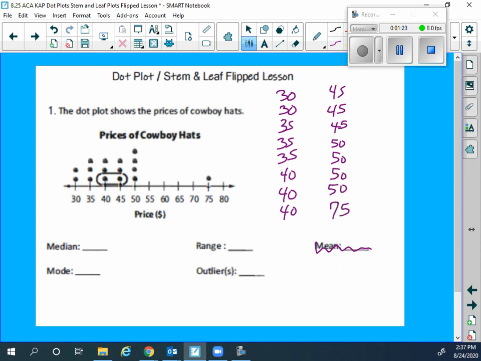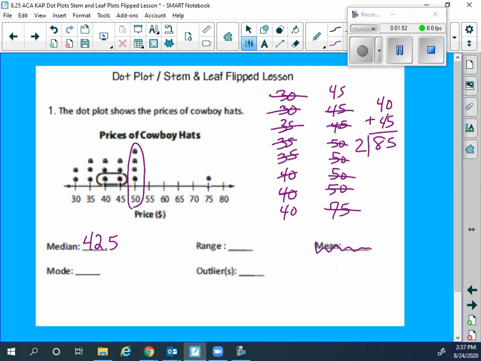So if I'm finding the median, like we learned yesterday, I'm just going to cross top, bottom, top, bottom, top, bottom, until I'm left with one number. Unfortunately, I have 2 numbers, so that means I'm going to be adding these 2 numbers together and dividing by 2, which would give me 42.5.